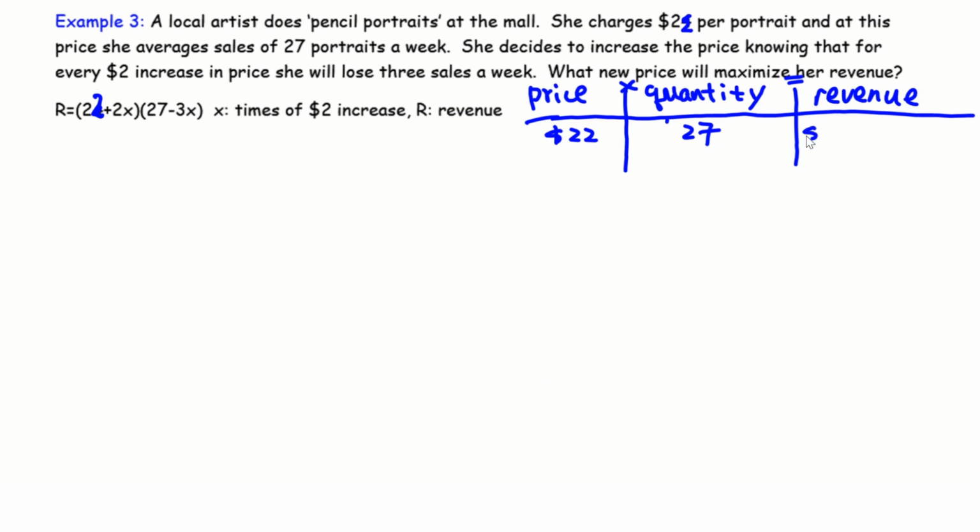That is how much money you are going to get from 27 portraits sold. And now she wants to increase the price. For every $2 increase, she will sell 3 portraits less. And if we have x times increase, then it will reduce 3 times x portraits.